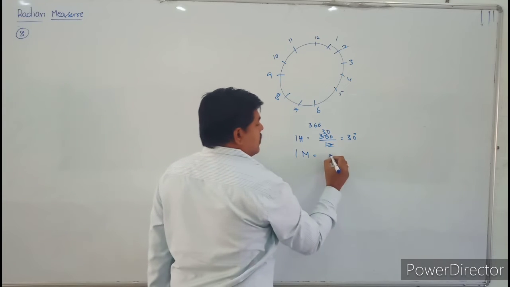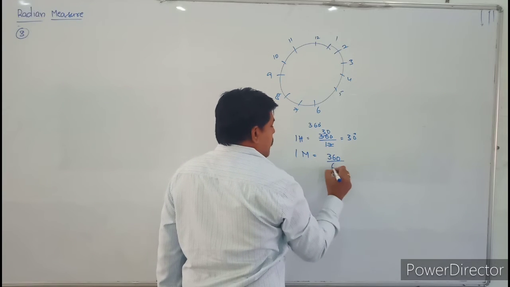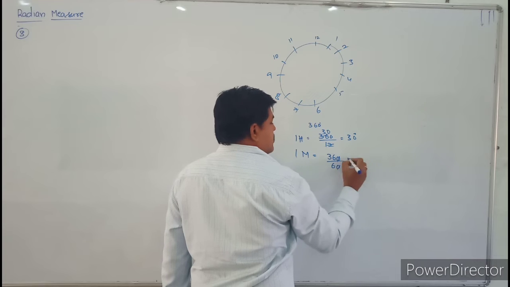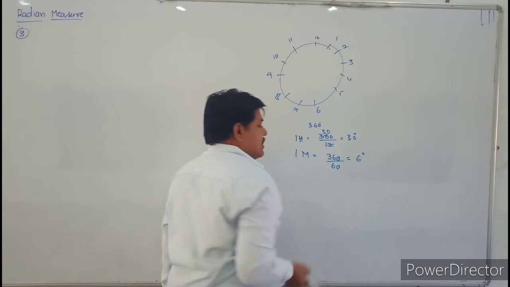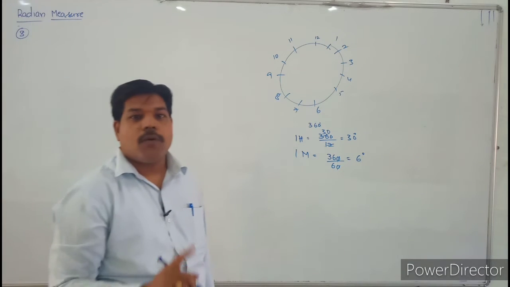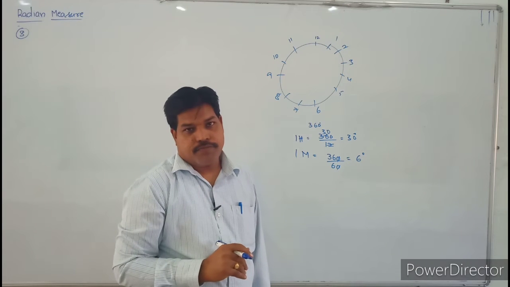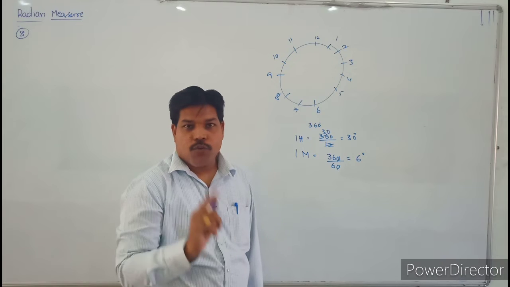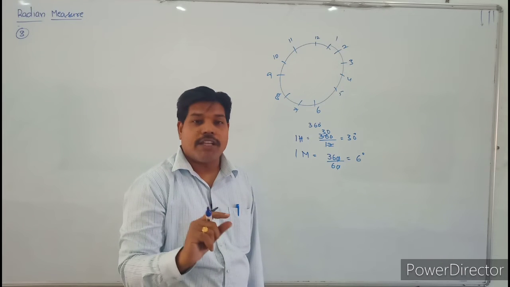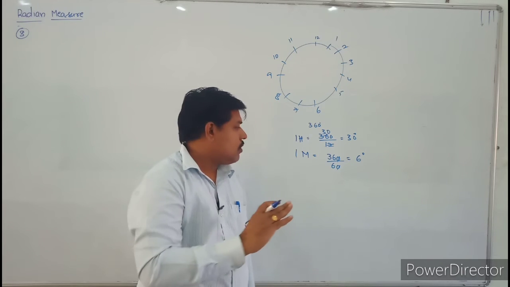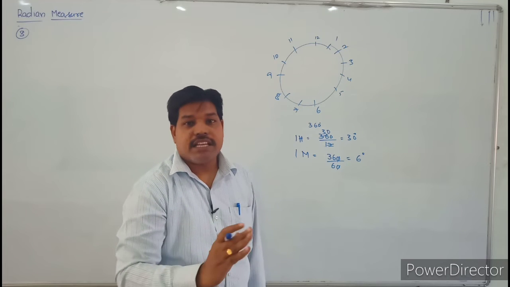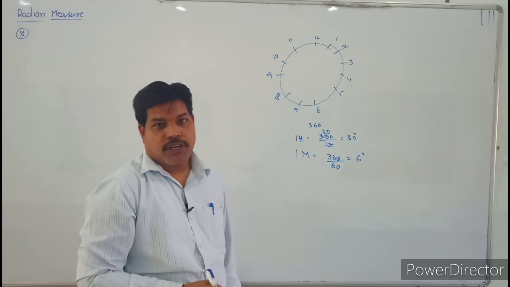That is nothing but 360 by 60, that is 6 degrees. 1 minute is equal to 6 degrees and 1 hour is equal to 30 degrees. Are you understanding that?